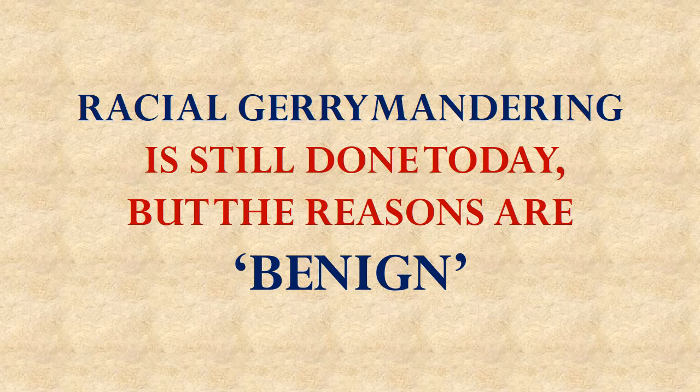They can say, oh, I had a tumor, but I had it checked and it was benign. In other words, it wasn't cancerous, it wasn't harmful. So that's what people are trying to convey when they call modern racial gerrymandering benign. They're trying to say that it isn't designed to hurt minority voters, but rather help them.